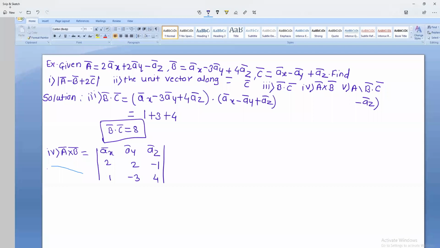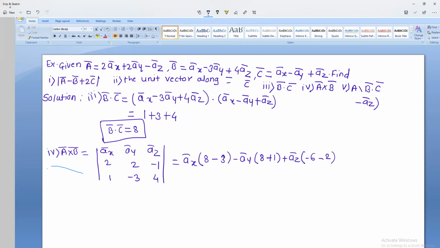Just solve this determinant. It is equal to a bar x into bracket 8 minus 3 into 1, that is 3, plus 3, minus a bar y into bracket 8 minus 1, that is 8 plus 1, and plus a bar z into bracket 2 into minus 3, minus 6, and minus 2 into 1 is minus 2.